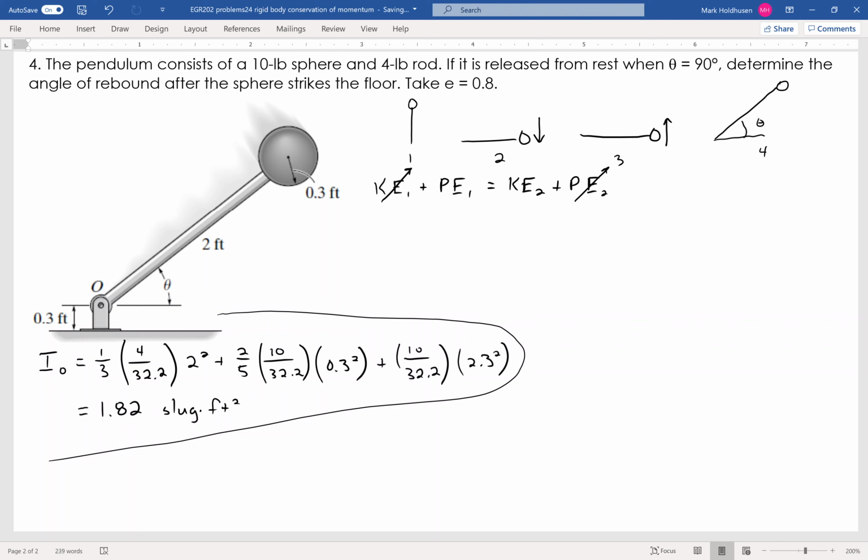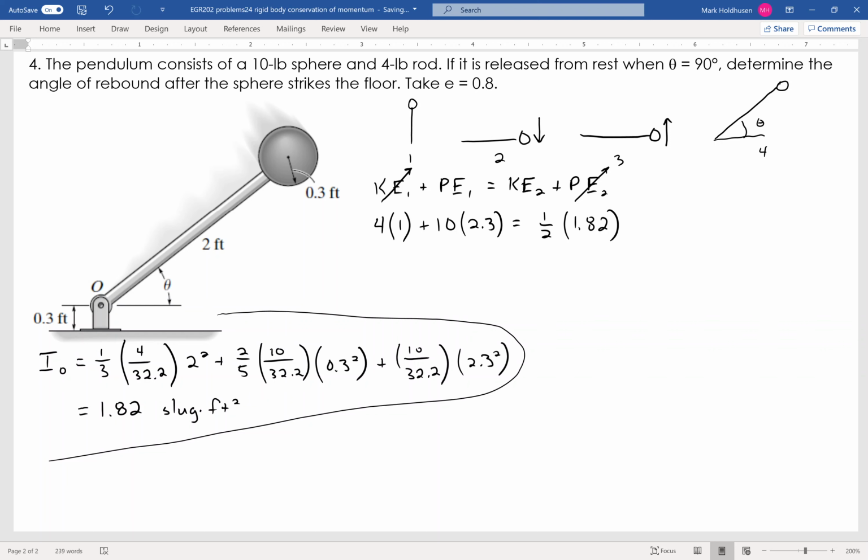So initially, I've got PE of this guy here, so the rod has a weight of 4, center of gravity is going to be 1 foot above, right, because it's at the midpoint. And then I've also got the sphere, which is 10 pounds times 2.3. And that's going to equal 1/2 I about O, which is 1.82, 1/2 I omega squared.